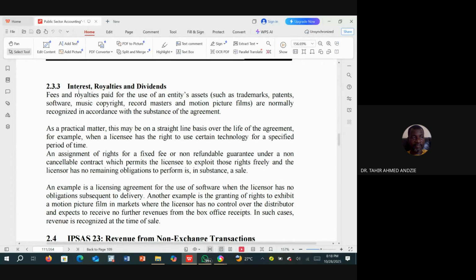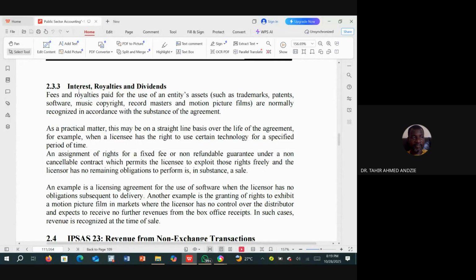So, as a practical matter, this may be on a straight line basis or over the life of the agreement. Because if you have, let's say, given the right to somebody to use the copyright or trademark for a number of years, the amount of interest to be charged or royalty to be paid will be based on the amount of time he uses it, and it is the substance of the case that will determine how revenue should be recognized.